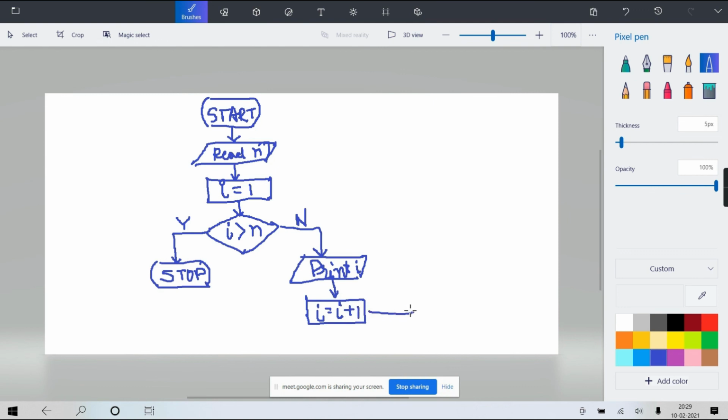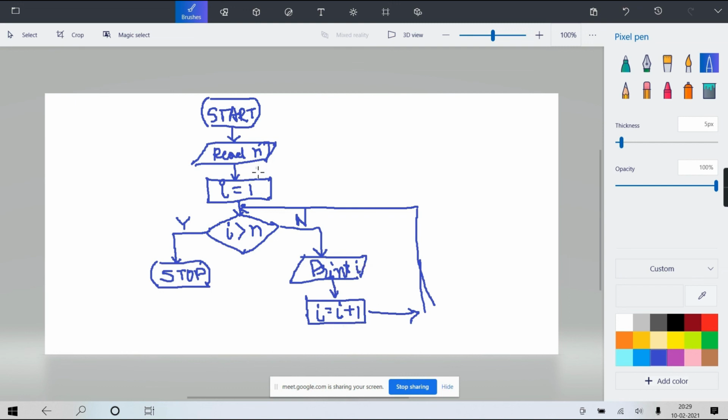After incrementing it by 1, we again come to the decision to check whether I has become greater than n. If yes, then stop. But if no, again print I and increment.